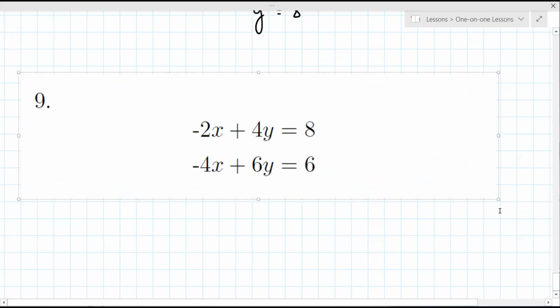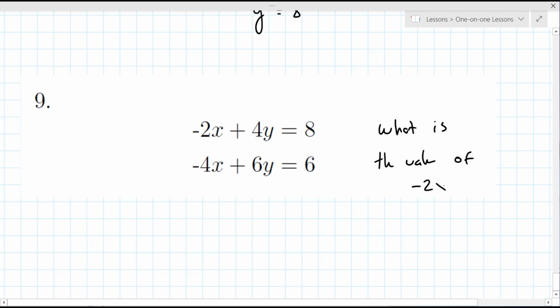So this one, you would eliminate x. So I'll ask you for what is the value of -2x here?